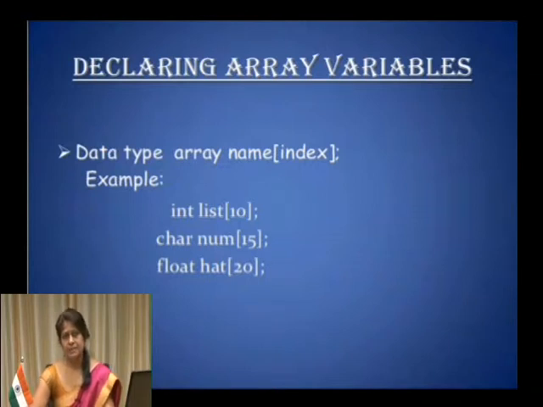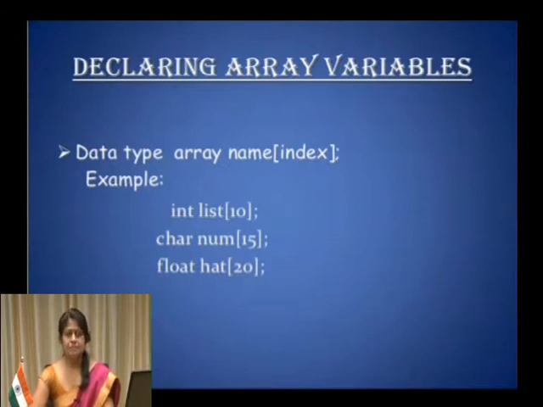Another example, that is char num[15]. Num is an array of character data type which consists of a maximum of 15 elements. So, the maximum size is 15. It could be anything less than 15, but not more than 15.